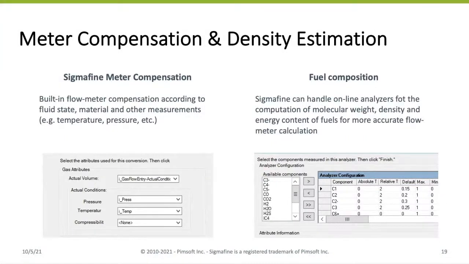For the fuel flow rate calculations, which we need to remember is one of the important terms used for the output calculations, if you have an online gas chromatograph, or even a periodic sampling done from the laboratory, Sigmafine can use such information to compensate with the actual molecular weight.